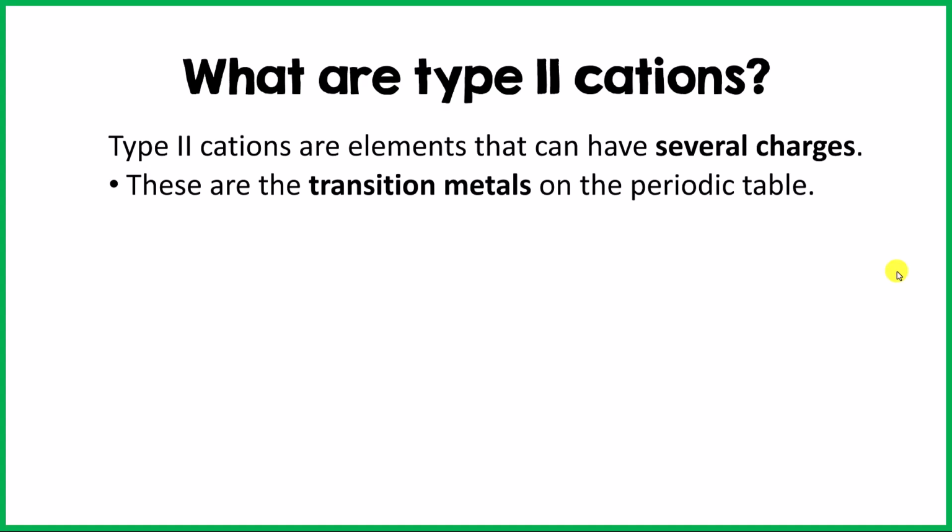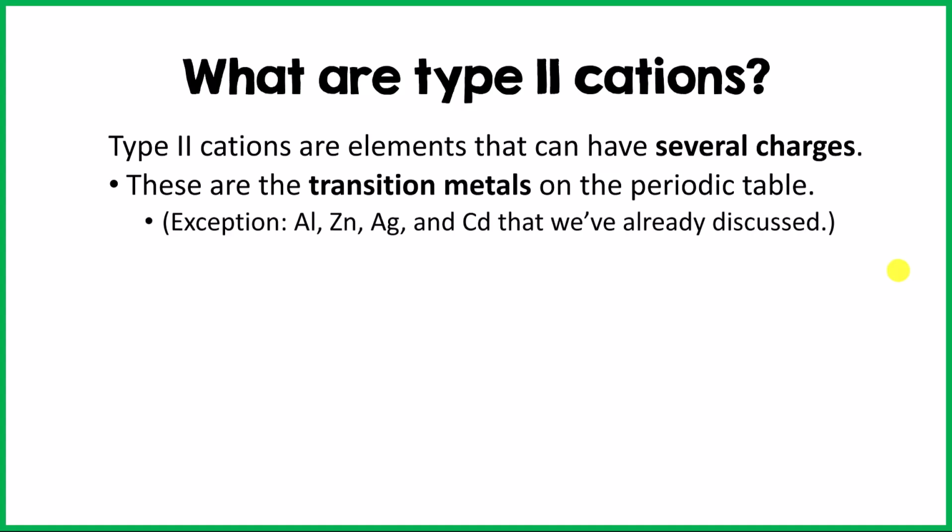These are the transition metals on the periodic table, and as I mentioned, some of the elements in group 13 as well have a variety of charges a little bit further down the table. And the exceptions that we already talked about, even though they are transition metals, are not part of the type 2 cations because they are always going to lose the same number of electrons.